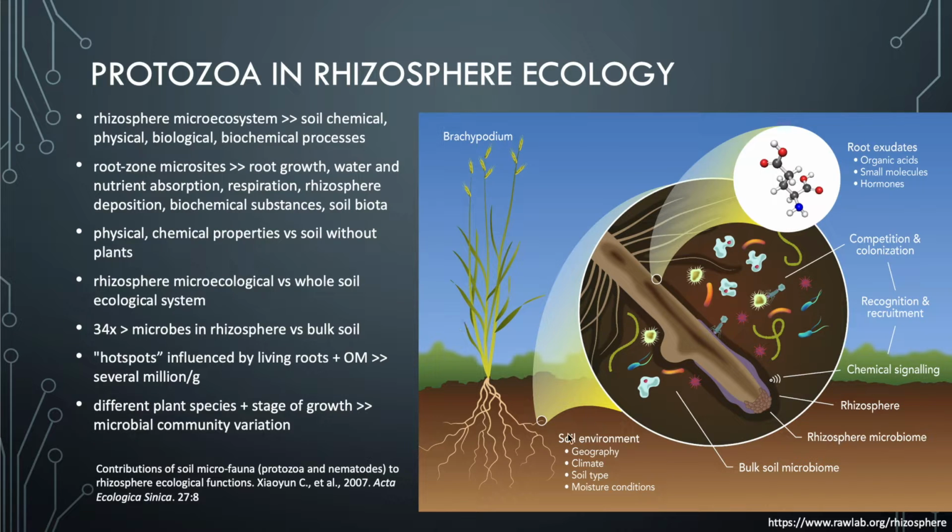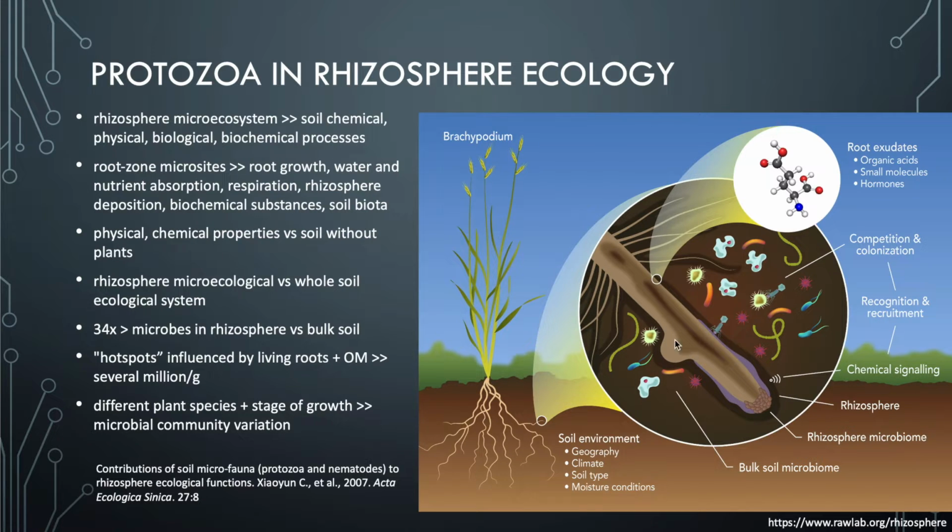So here we can see how the rhizosphere ecology is influenced via the soil environment, which then depends on abiotic factors such as geography, climate, soil type, moisture conditions, temperature, etc. And this influences then the bulk soil microbiome, so all the microbes that live around the root zone, but also the rhizosphere microbiome.